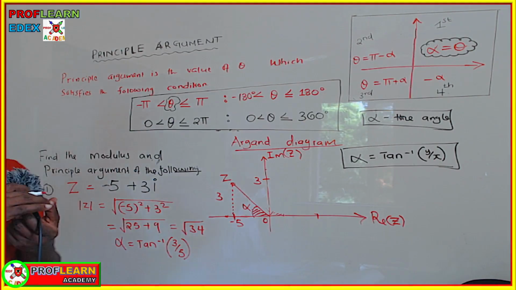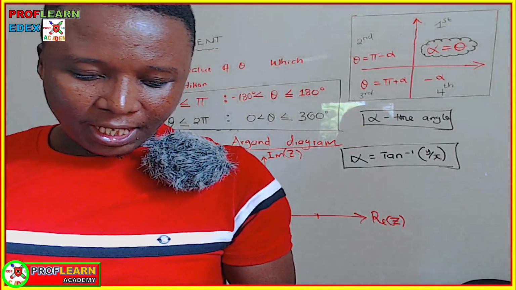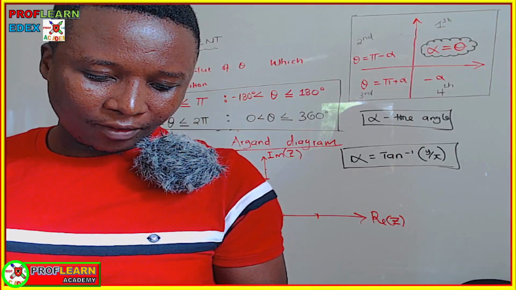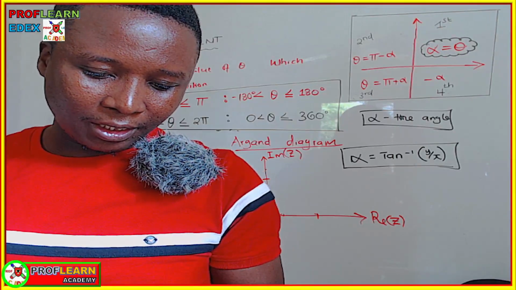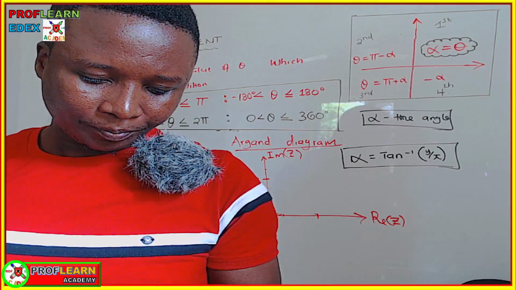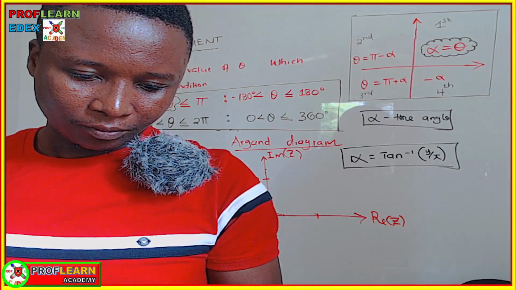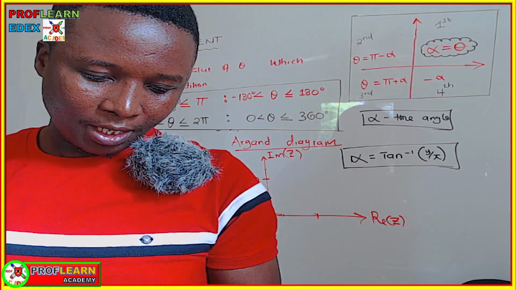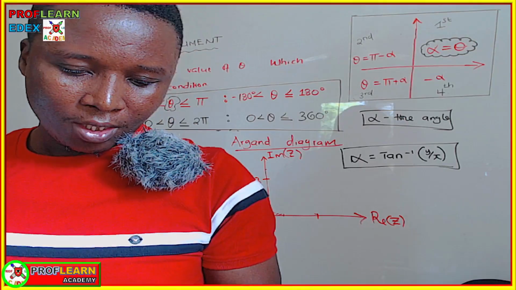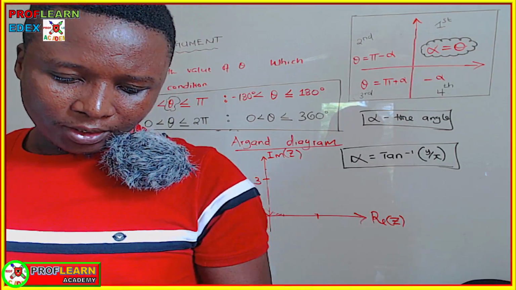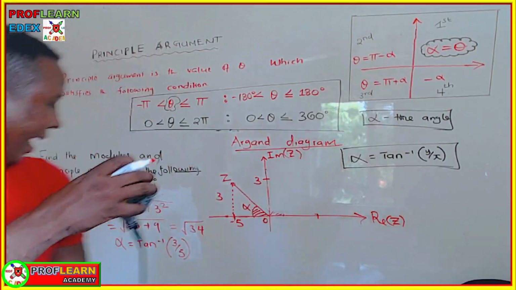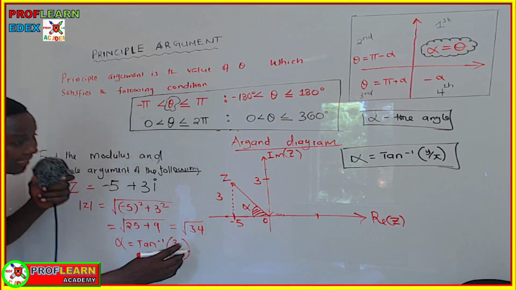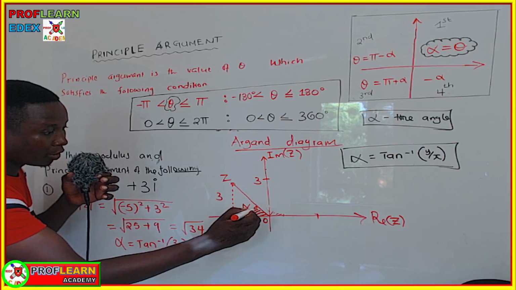I'm not going to take into consideration the sign of the 5, because I remember exactly what I'm going to do. I ignore the sign of 5, but I know in which quadrant this is going to be.